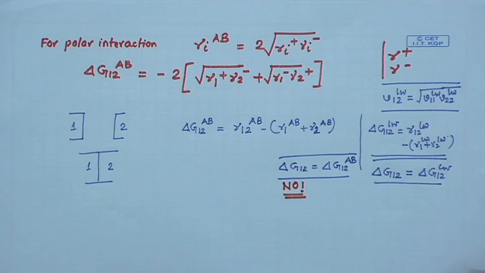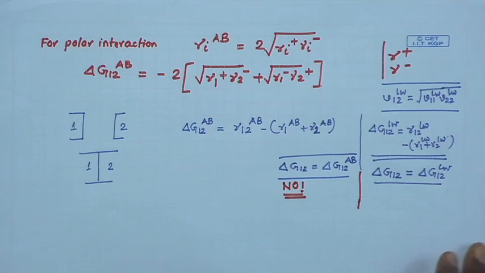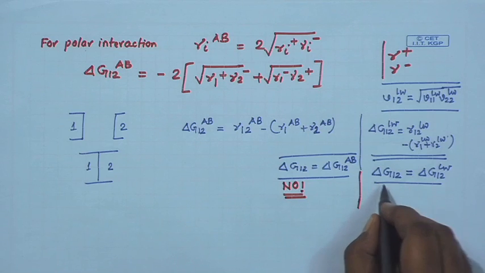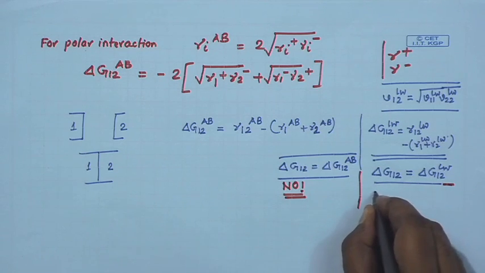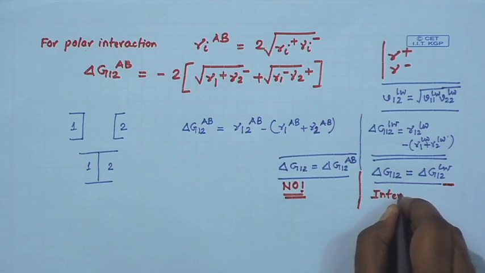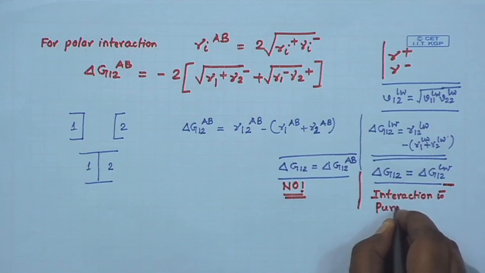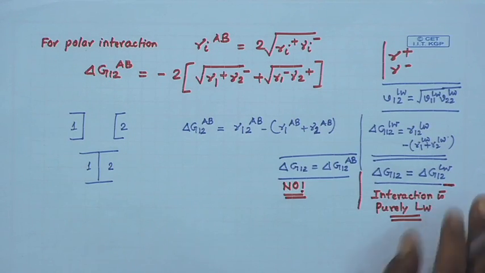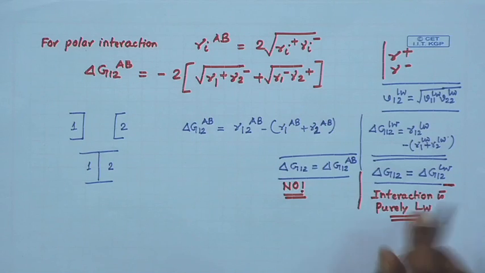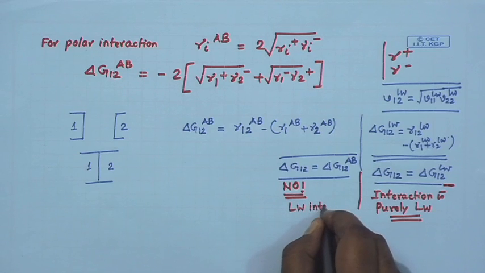Because I have been telling this to you for a while, and I think now all of you understand, and based on this particular discussion for the next 2 minutes you will understand it in an even better way, that you can have situations where the interaction is only van der Waals. But if you have a system which is polar, where there is polar interaction, please do not forget that LW interaction is always present.